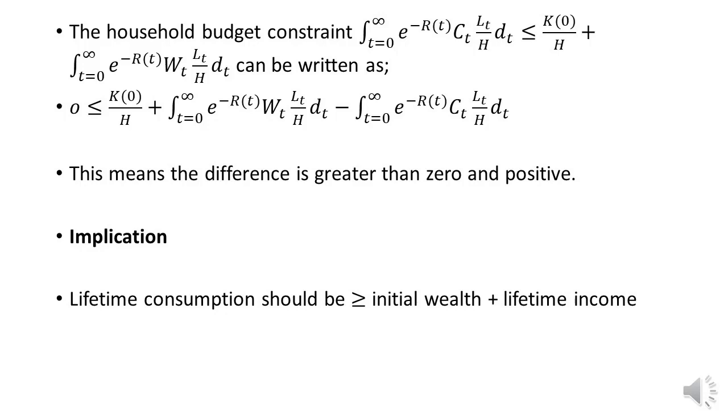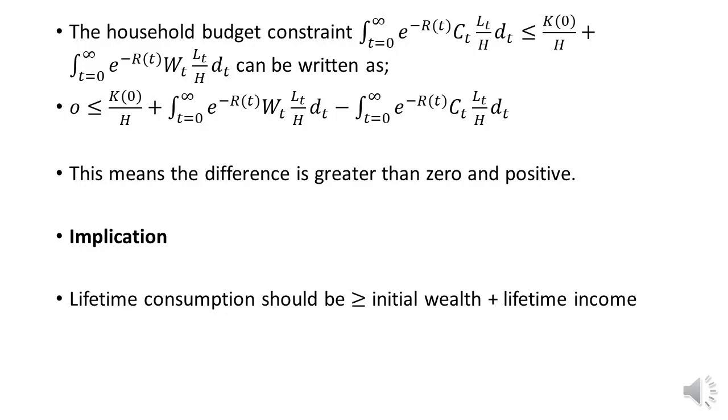We can write it as the difference of income and consumption should be greater than 0, or 0 should be less than this difference. This means that the difference is greater than 0 and positive. So the household budget constraint says that the difference between income and consumption should be greater than or equal to 0.